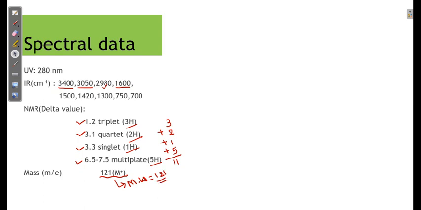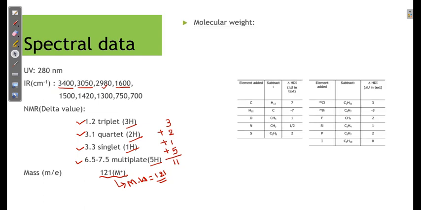Let us calculate a possible molecular formula based on the rule of 13. So 121 divided by 13. 13 nines are 117, so we are getting the remainder 4.